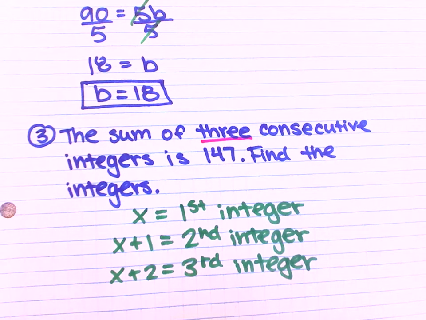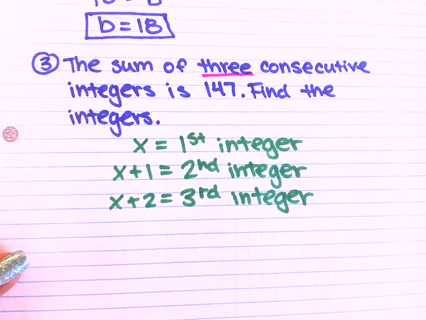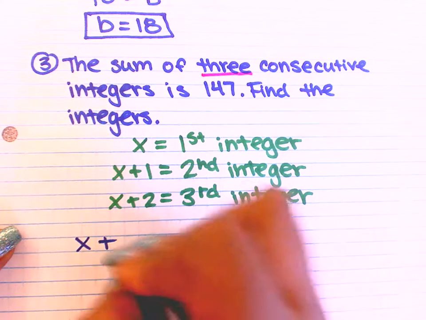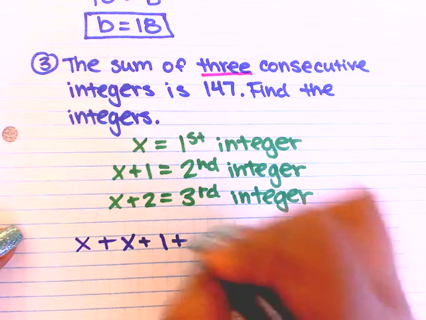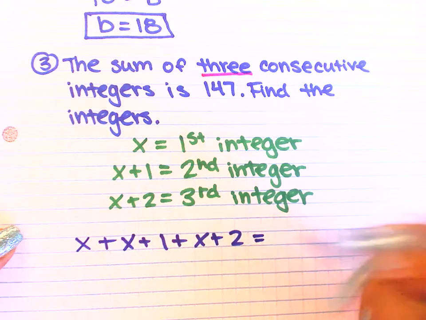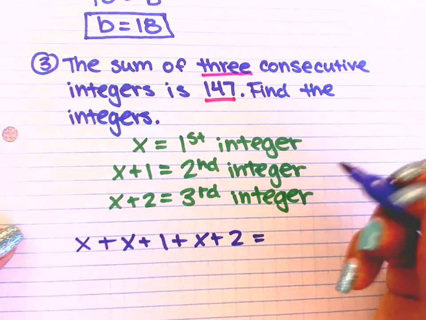Okay? Think logically. So now all I'm going to do is put it into an equation. I have x, my first integer, plus x plus 1, my second integer, plus x plus 2, my third integer. And that all should equal what the problem told me, 147.